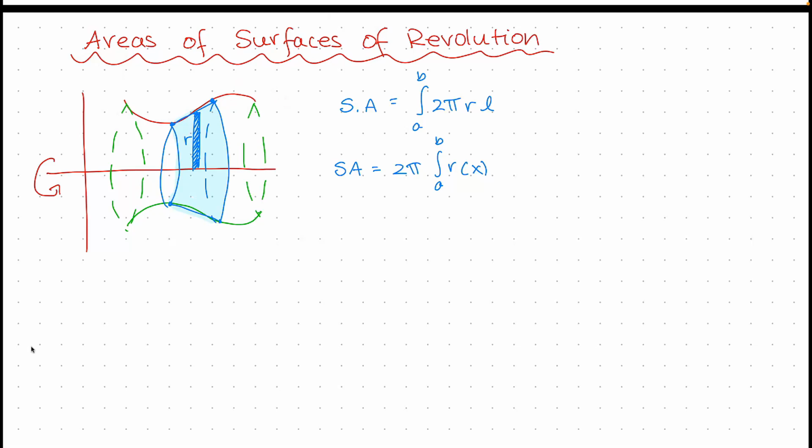So we actually use the formula for arc length that we had before, which is the square root of 1 plus f prime of x squared dx. And that's the formula. So if you think of it in terms of 2 pi RL, 2 pi, r is the radius, L is the arc length.